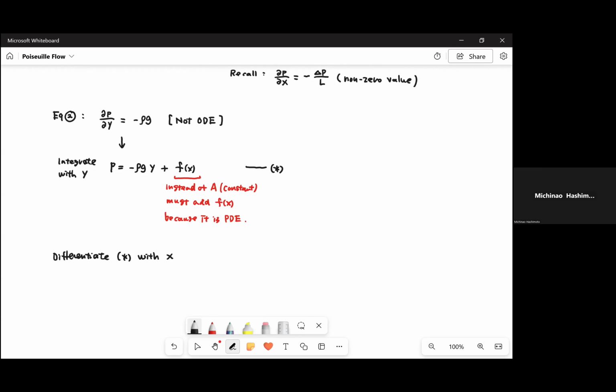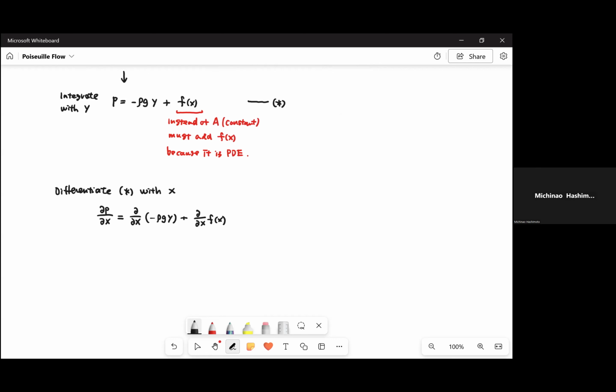Then what we are getting here is dP/dx equals, the first part is the derivative of rho g y, which is 0. So let me just write here, this is rho g y plus d/dx of f(x), but the first part is equal to 0.